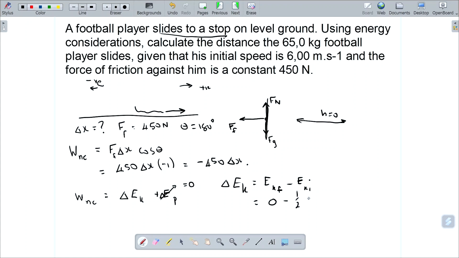That is going to be a half times the mass times his initial velocity squared. And so it will be minus a half multiplied by 65 multiplied by 6 squared. And that is going to give us an answer of 1,170 joules.